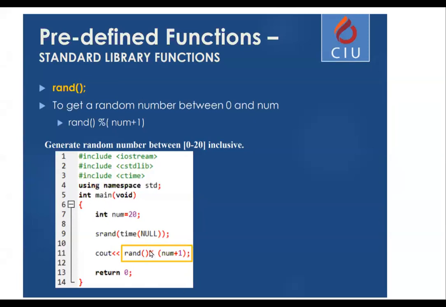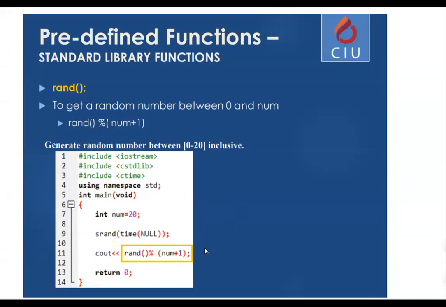To do this now, we're going to use a percentage plus number plus 1. So that is the range that we want to achieve. In this case, we want the number to be within range. If you actually generate a random number between 0 and 20, for example, you just type 20. But technically, the lowest number when you throw a dice is not 0, it's 1.